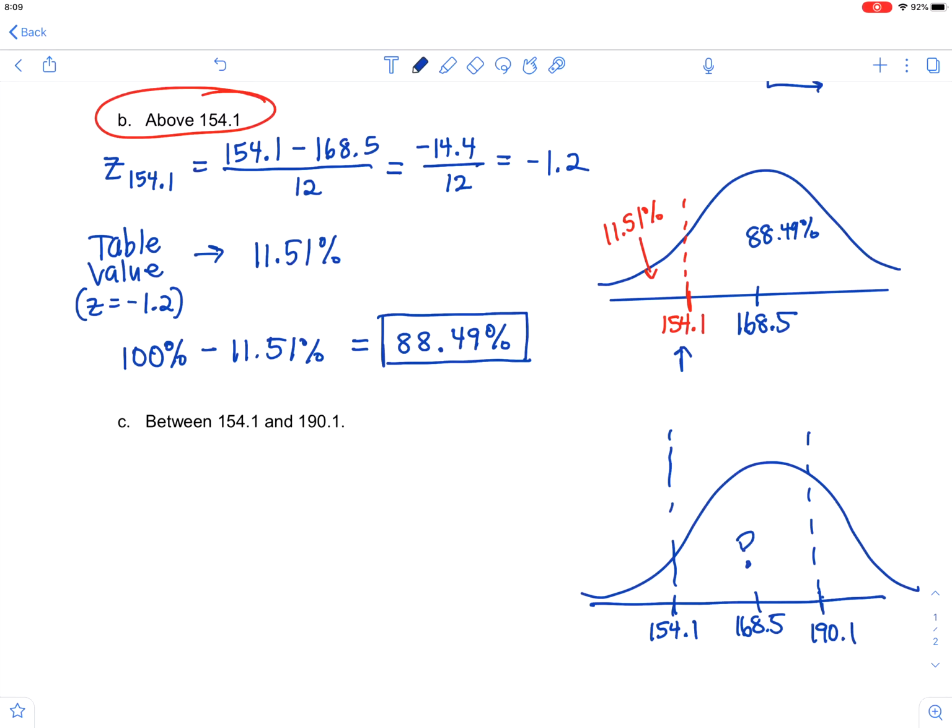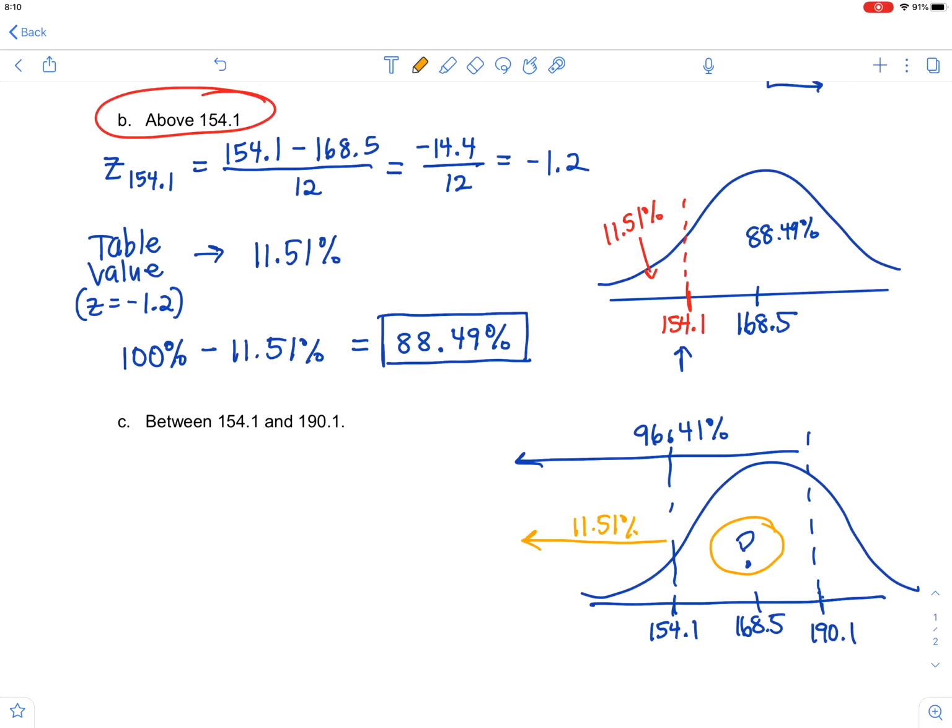We know that below the 190.1 is 96.41%. We found that out in part A. We know that below the 154.1 is 11.51%. And since we're trying to find this percent in between, notice on that last one, I didn't use the 88.49. I want to know what's below. I'm using that initial 11.51% that we found from the table.